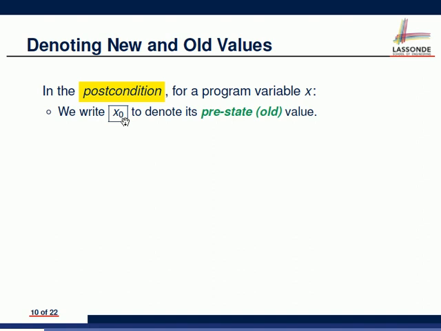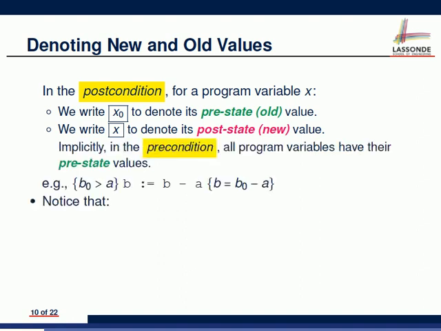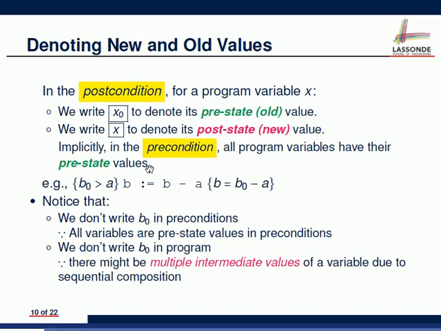That means it's the value before the feature or command was executed. And also we can use simply x, just like in Eiffel. That means it's after the feature is executed. You will see how we can use it. I'll go over these 2 points maybe when we get to the rule.